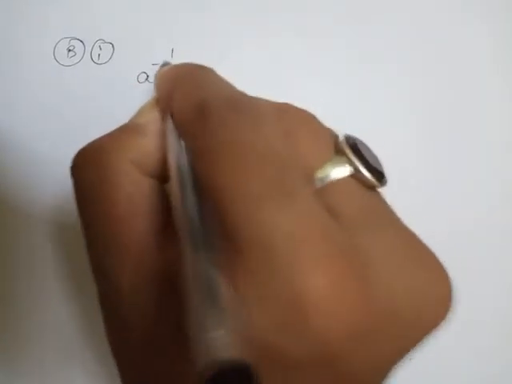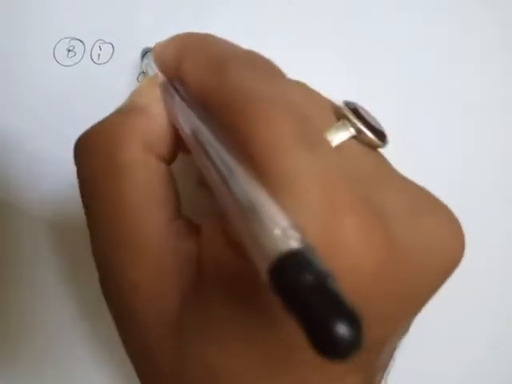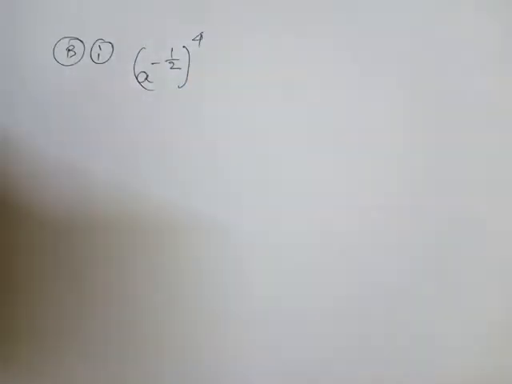Next one is B Roman 1. So we'll write here B Roman 1, and the question is actually a to the power minus half, whole to the power 4.